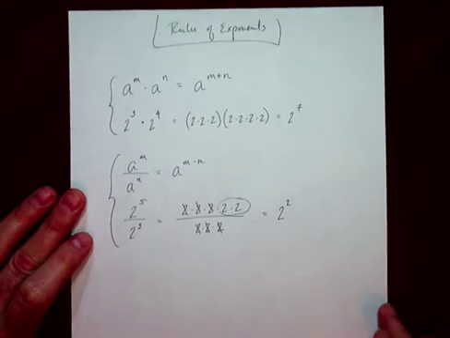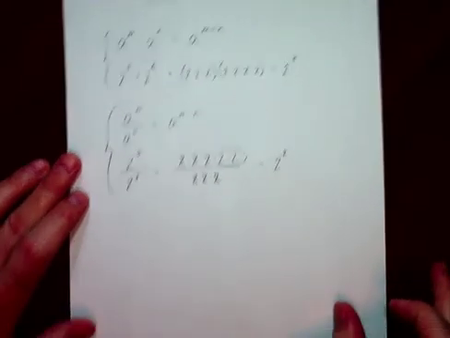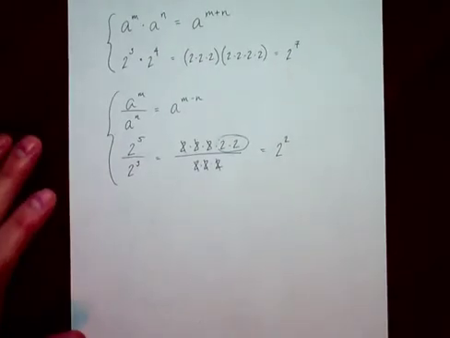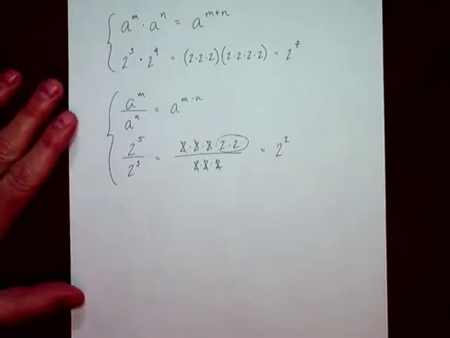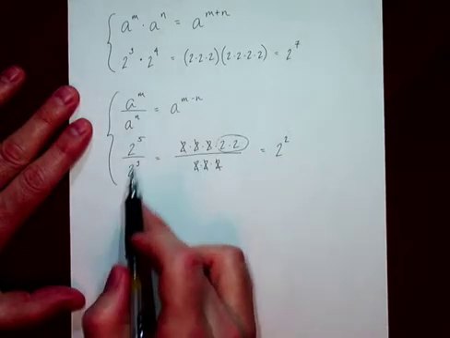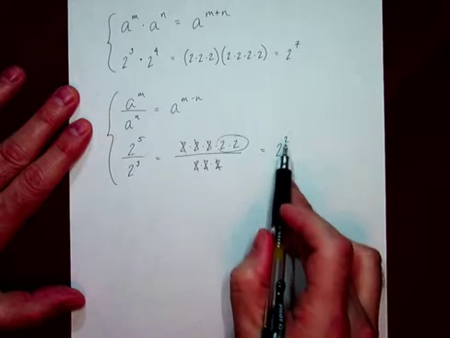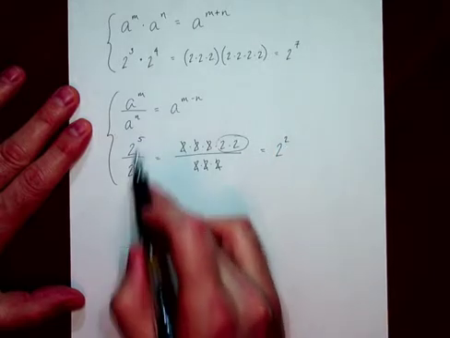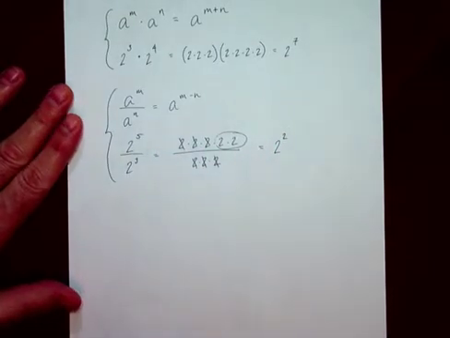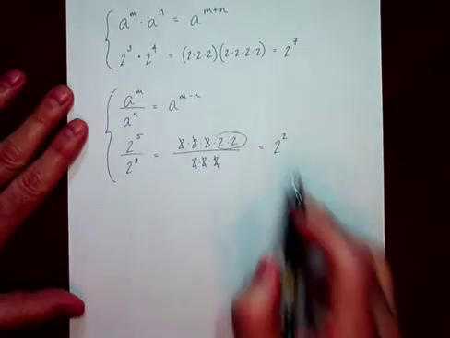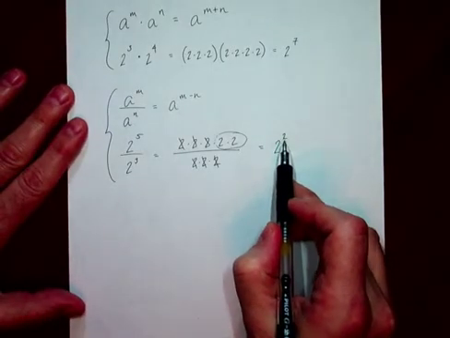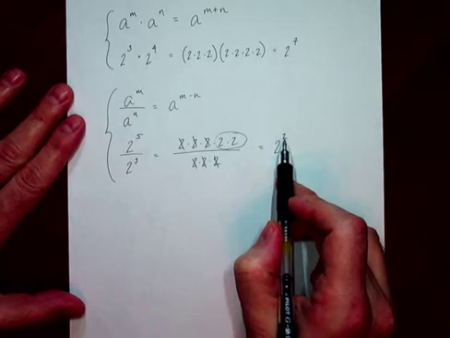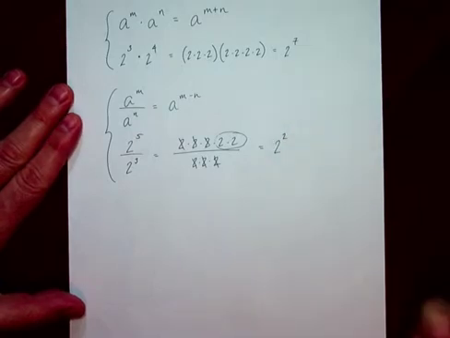Now remember that this also informs us of why anything to the 0 power is 1. Because if I have 2^5 over 2^3, this tells me the imbalance of the powers of 2. If you get a positive 2 over here, it means that there were 2 more 2's in the numerator than in the denominator.